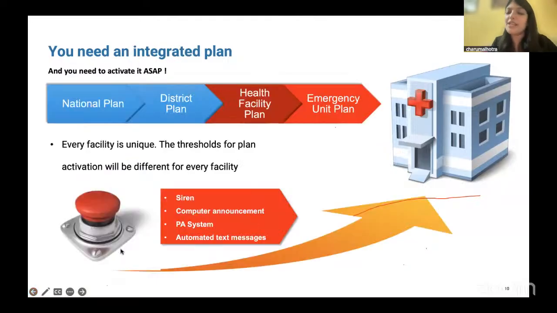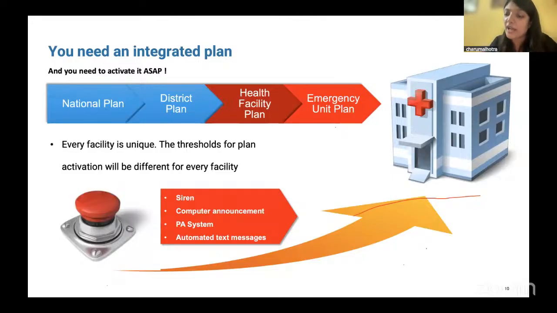So actually, during a mass casualty, there are various things that can be used for communication. A siren, a computer announcement. Usually we don't rely on mobile phones, because we expect that during a mass casualty, even our telephone and internet services might be hit. So we usually rely on sirens, maybe PA systems, to communicate and to mobilize the teams which are in the hospital.